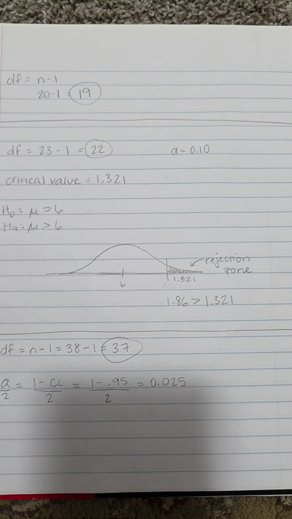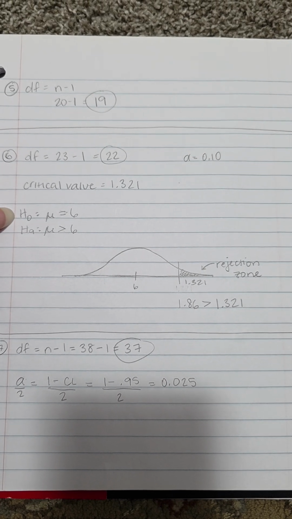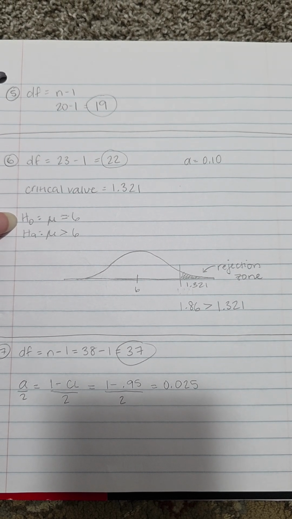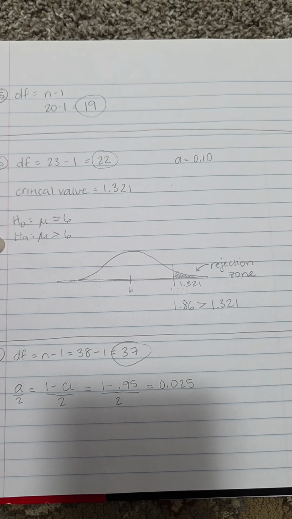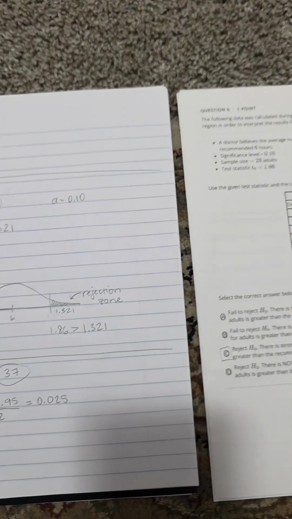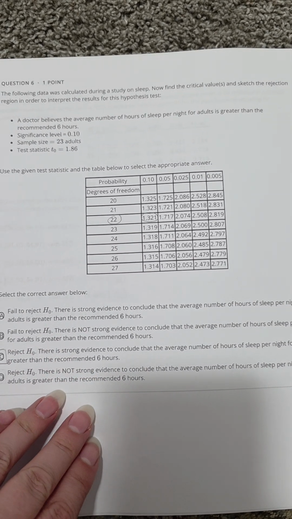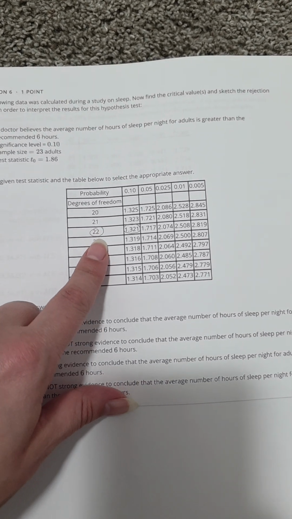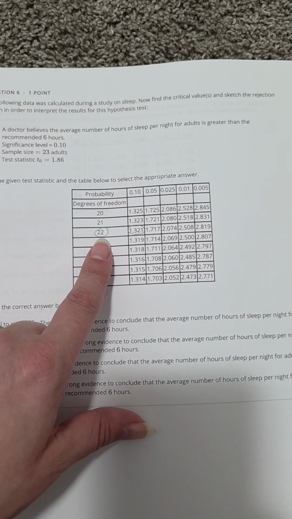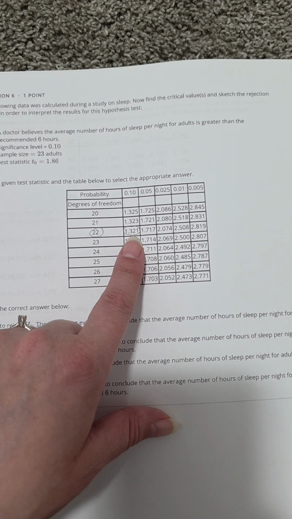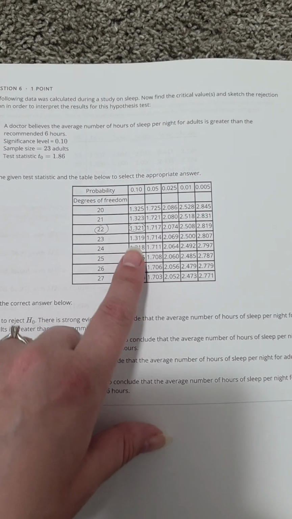So the hypothesis that I got, the null was the mean is equal to 6, and the alternative hypothesis, the mean is greater than 6. So for the degree of freedom in the chart, we find 22. And the critical value of 0.10, we find that it's 1.321.